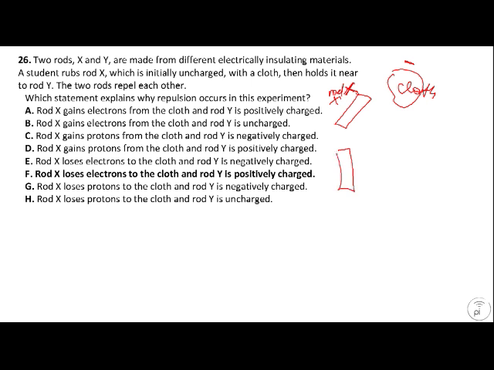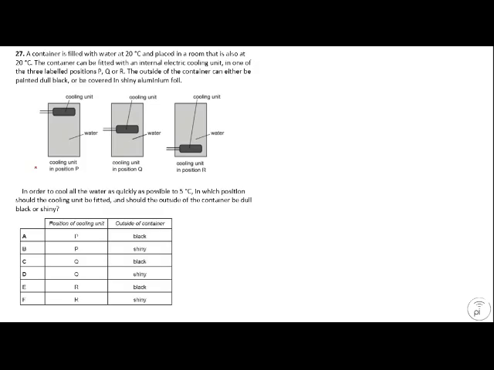Two rods repel when they have the same charge, then rod Y will have plus charge also. So it's positively charged, and that's it, yeah? And it's positively charged, and it loses electrons from clothes, yeah? So it loses electrons, and that's it. The right answer will be F.